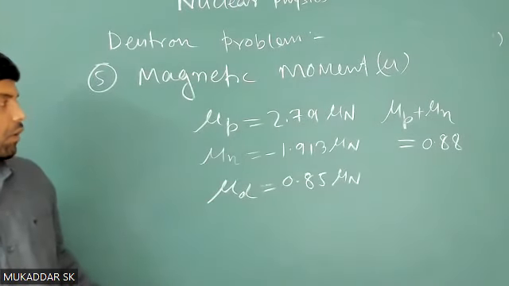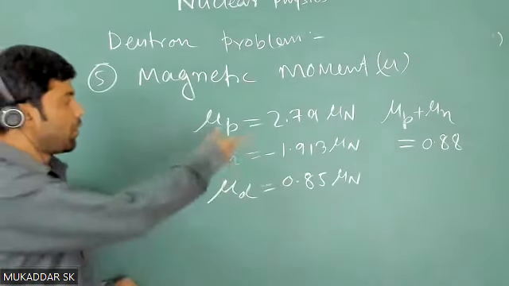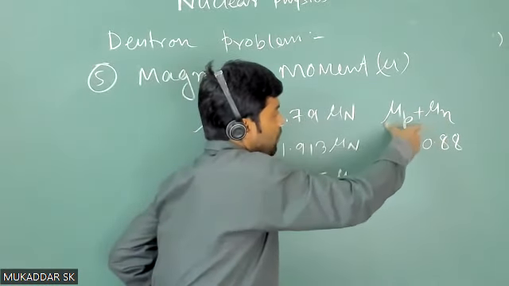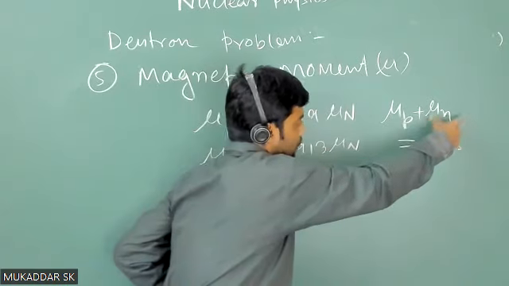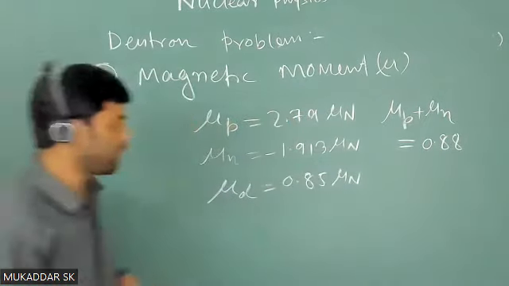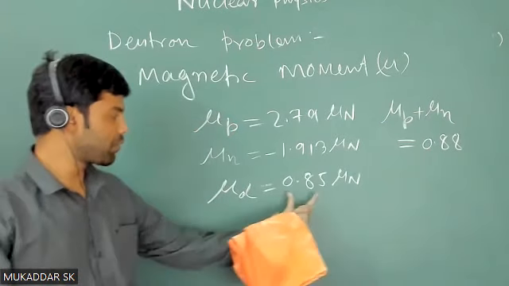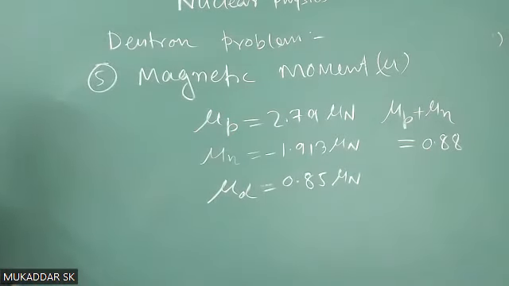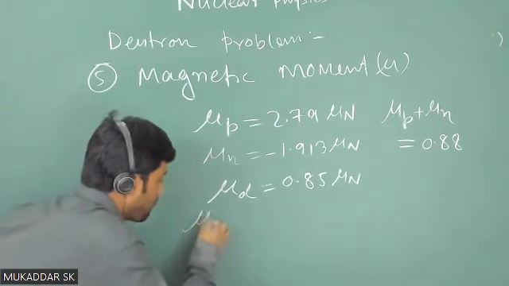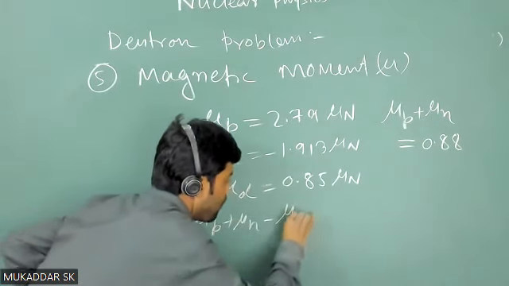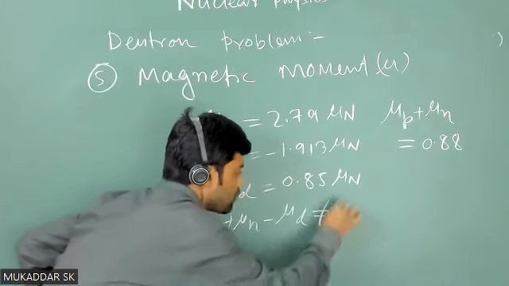Although the deuteron has only a proton and a neutron, the sum of their magnetic moments is 0.88, but the experimental value of the magnetic moment of the deuteron is 0.85. So the magnetic moment of the proton plus that of the neutron minus that of the deuteron is non-zero.